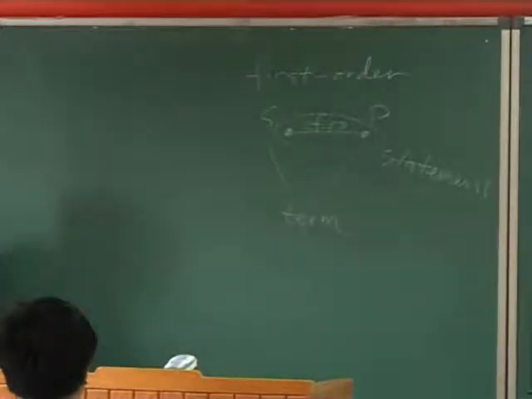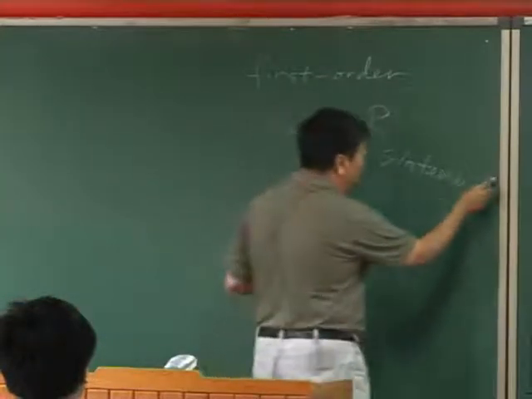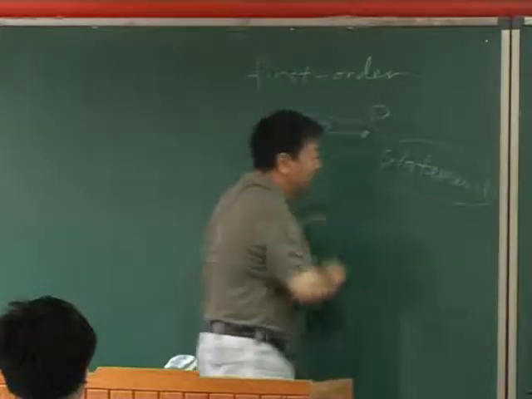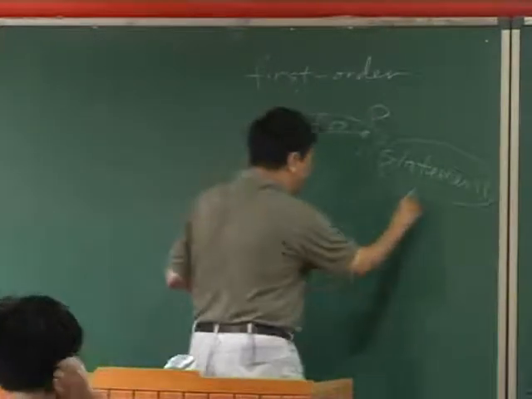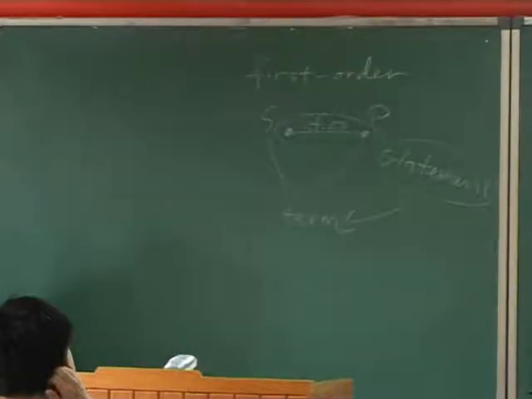But this representation has its own limitation, because for more complicated knowledge, we want to treat a statement as a term. That is what this layer is about, the very beginning.